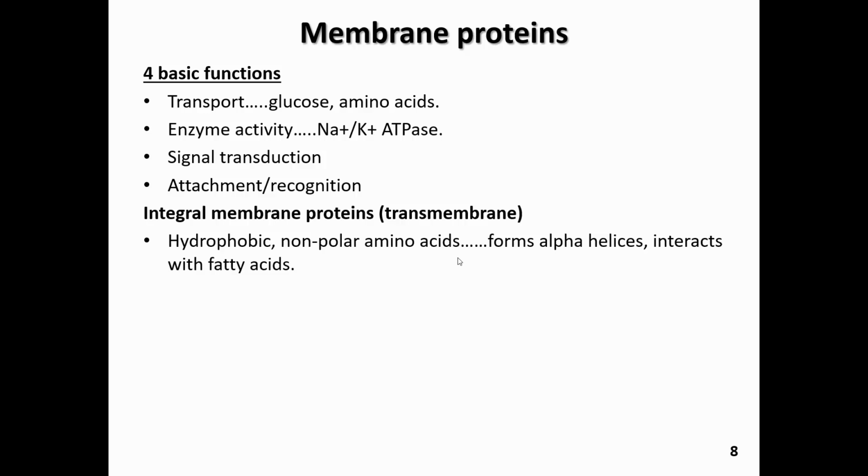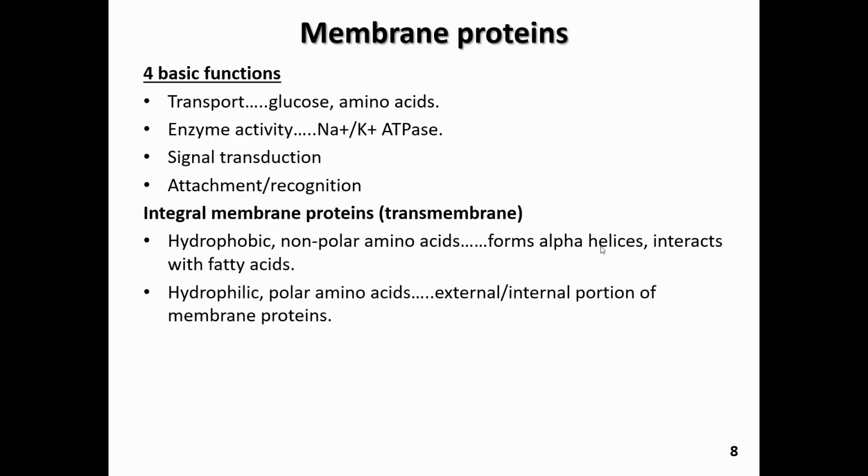And these tend to form generally what's called an alpha helix structure. In terms of protein structure, it's considered a secondary protein structure. And the alpha helix is ideal because it can interact favorably with the fatty acid tails of the phospholipid molecule.